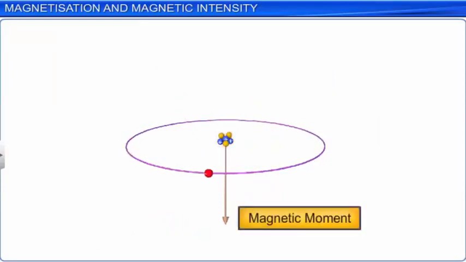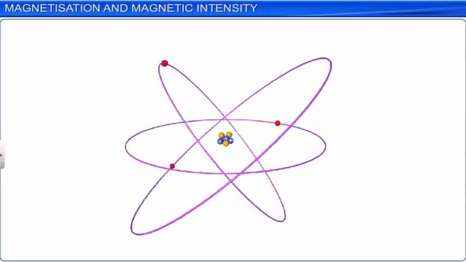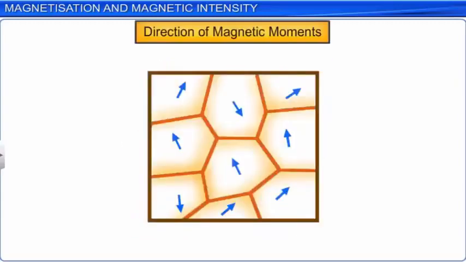The resultant magnetic moment of an atom is the vector sum of the magnetic moments of all such circulating electrons in the atom. Here, the magnetic moments of these atoms in an object are randomly oriented and their net magnetic moment is 0.